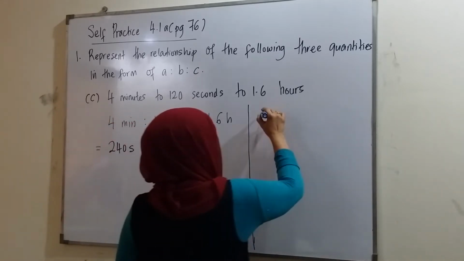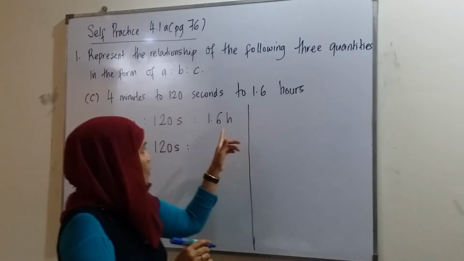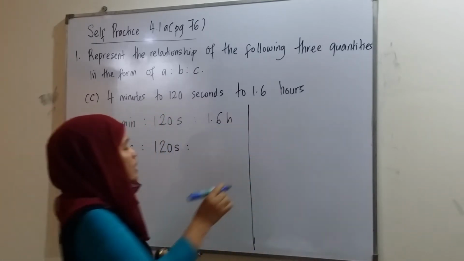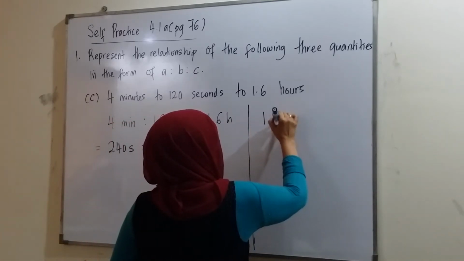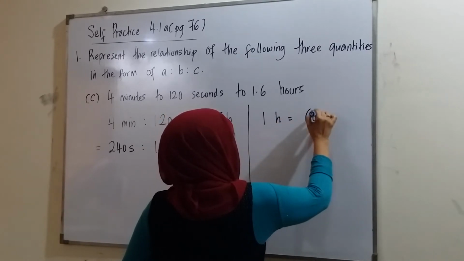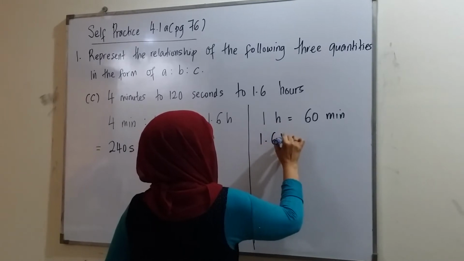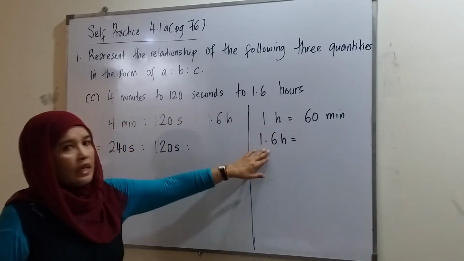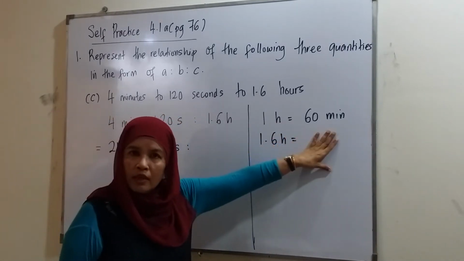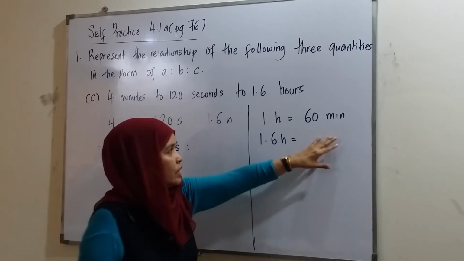So we change to minute first. 1.6 hour, we change to minute, which is 1 hour equal to 60 minutes. Therefore for 1.6 hour, when the hour increases, the minute also will increase. So this is directly proportional.